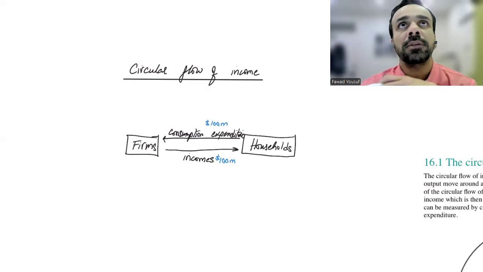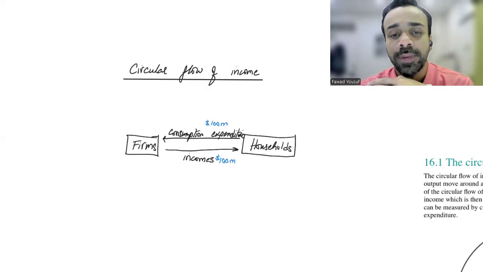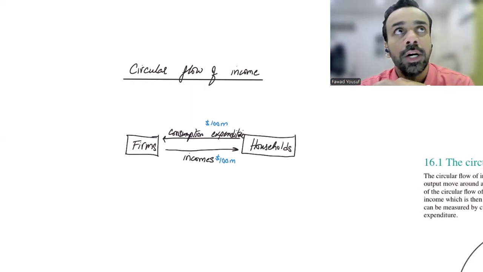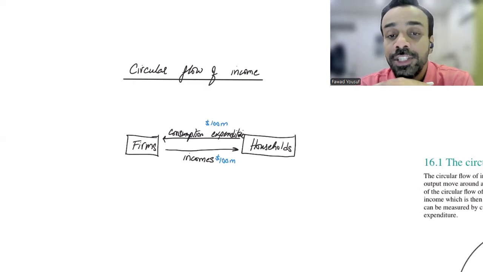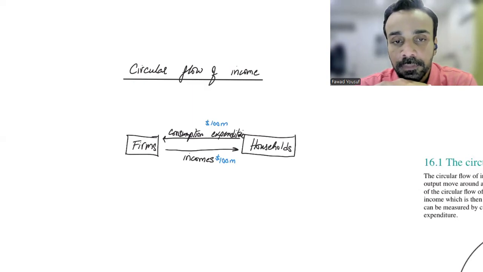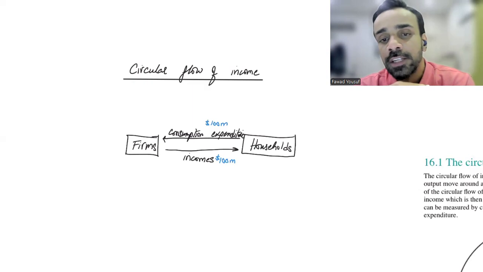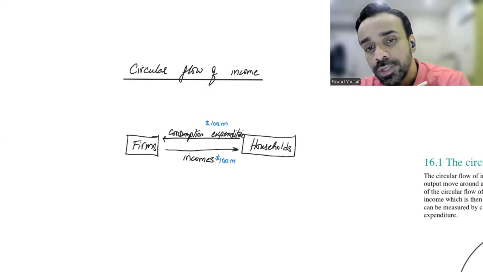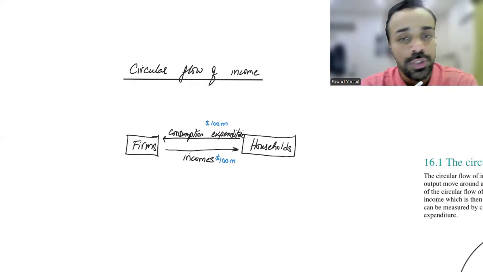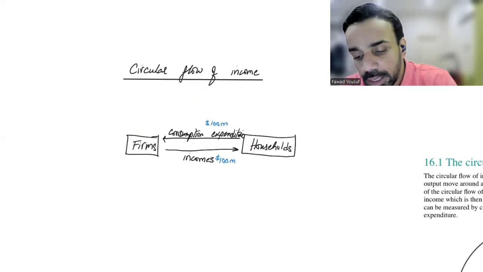Now just imagine पाकिस्तान के अंदर हमारी इकोनॉमी इतनी ट्रांसपेरेंट होती that any amount of money that has been earned gets consumed and goes back to the firm. Firm produces more goods and for the factors of production pays the households, and households again with the income buy those goods and services, and this economy is happy.